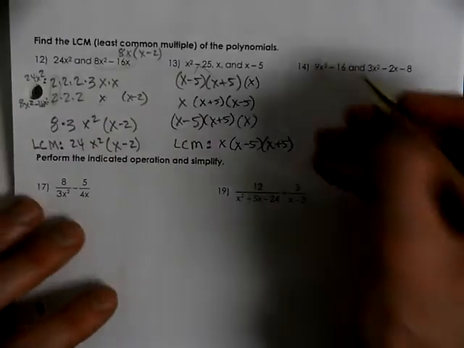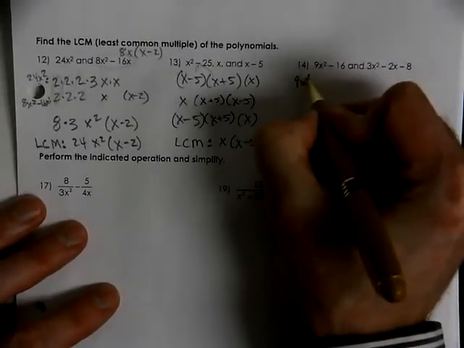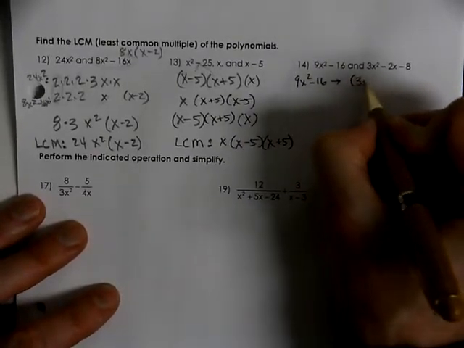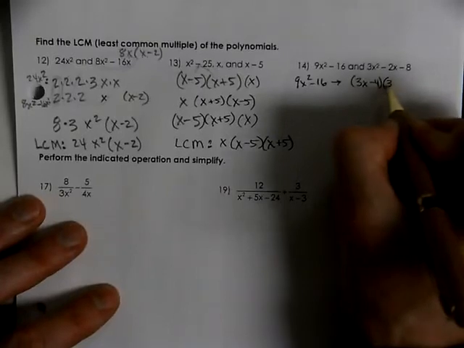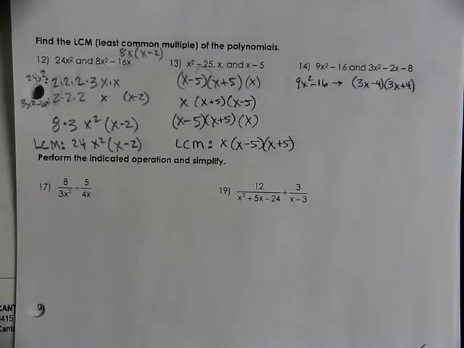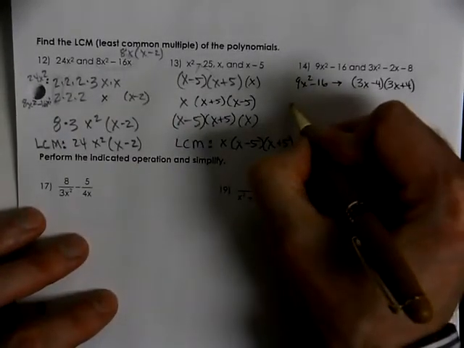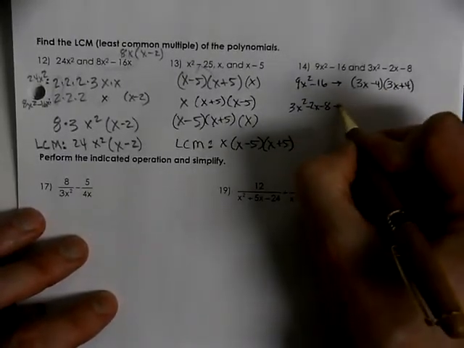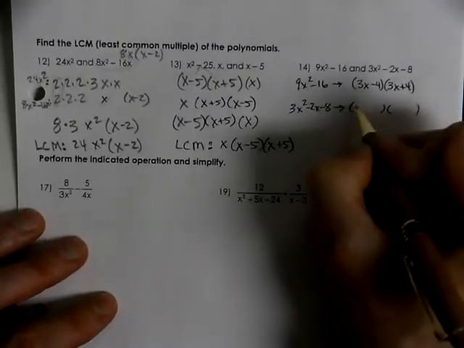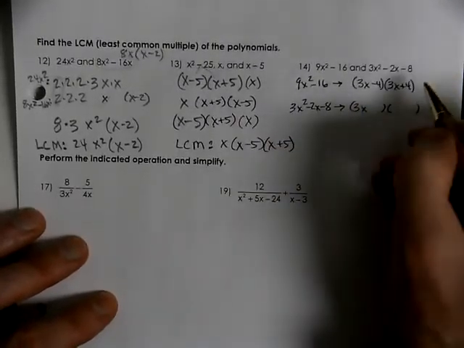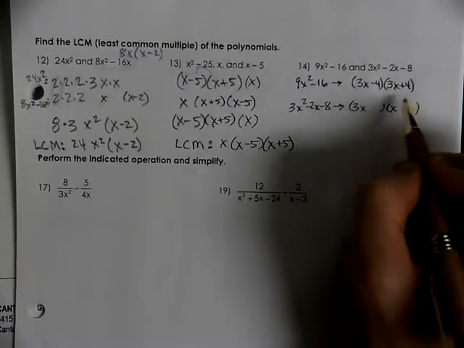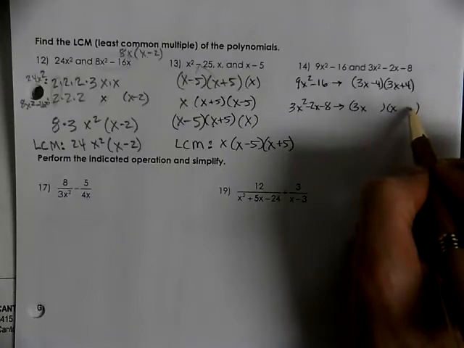Let's look at this one last time. We have our 9x squared minus 16. That can be factored apart into 3x minus 4, 3x plus 4. This one, which is 3x squared minus 2x minus 8, it can be factored into 3x times x. 3 times 4 is 12.